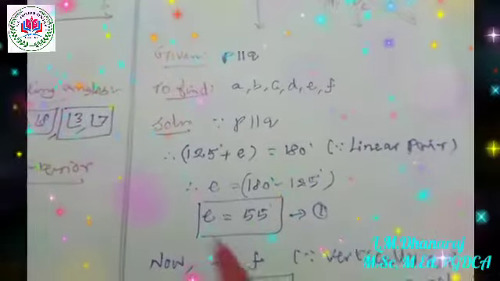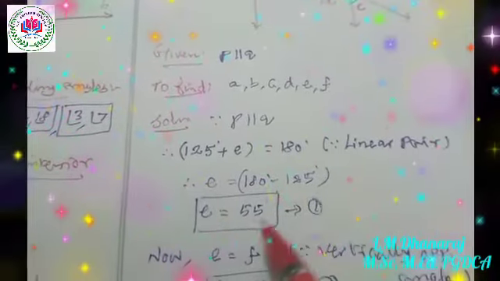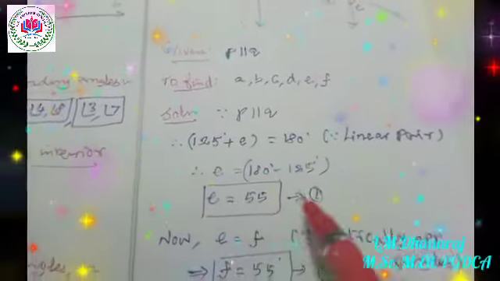That is a linear pair. So E degrees is equal to 180 minus 125, that is 55 degrees. Make it equation number 1.